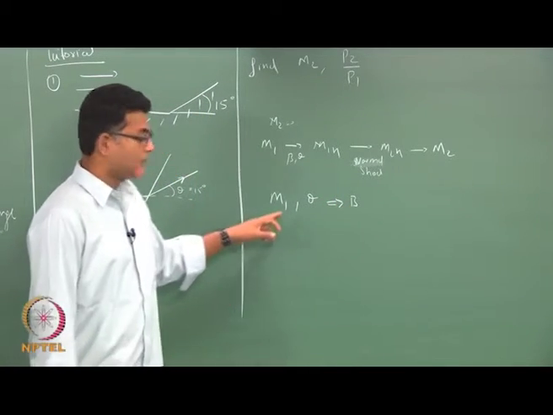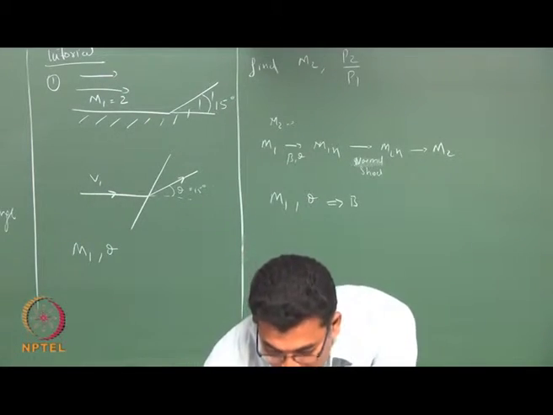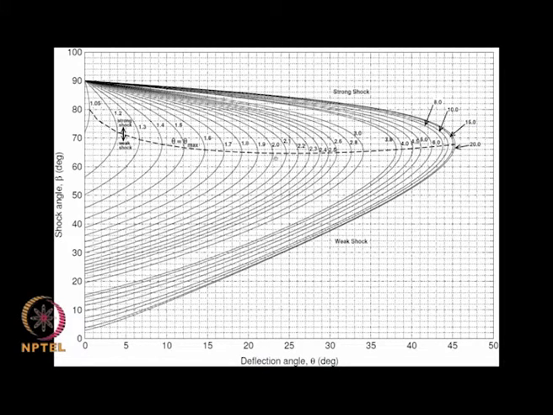For that I have to use a theta-beta chart. So, what I do here is I look at the chart for Mach number 2, I look for theta equals 15 degrees. So, theta is 15 somewhere here, and this point is my Mach number 2 and theta equals 15 degrees, which corresponds to around 45 degrees.